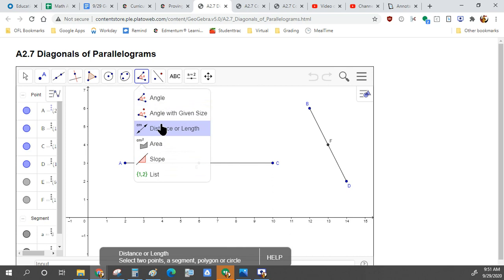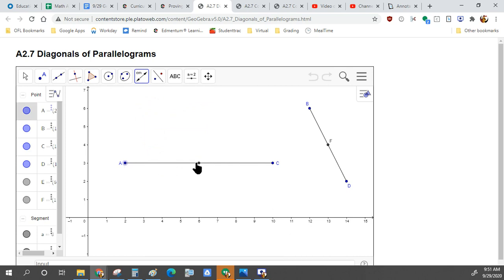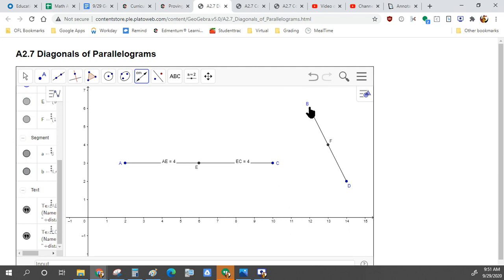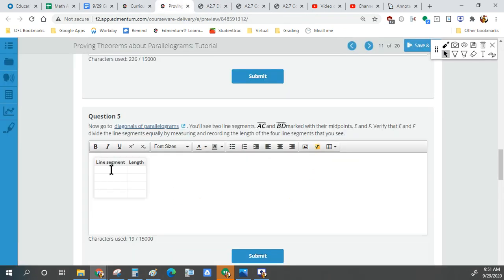Let me see what we're doing here. We're gonna measure this. So, yep, they are equal. So give me a second here while I prove this.